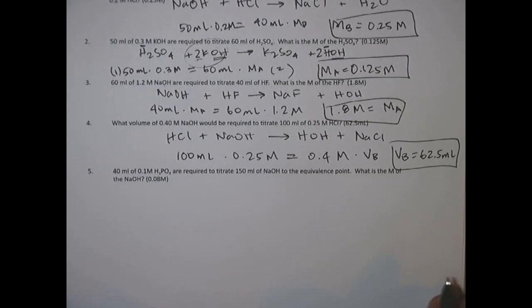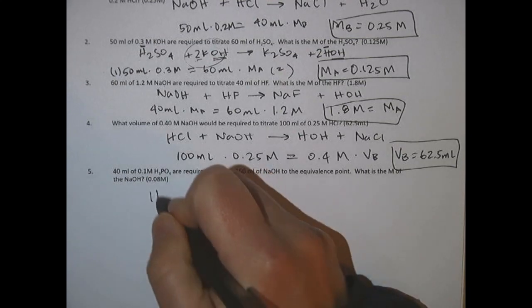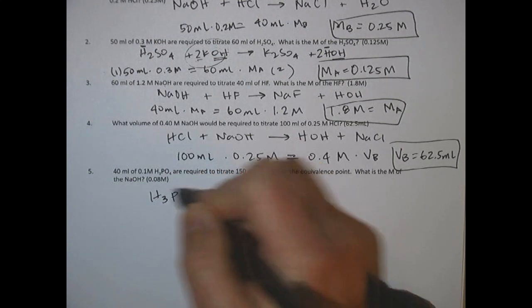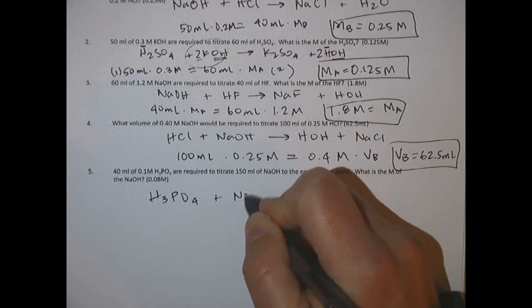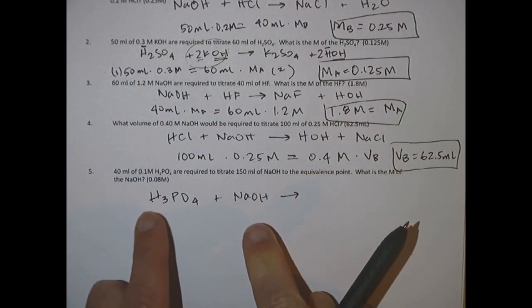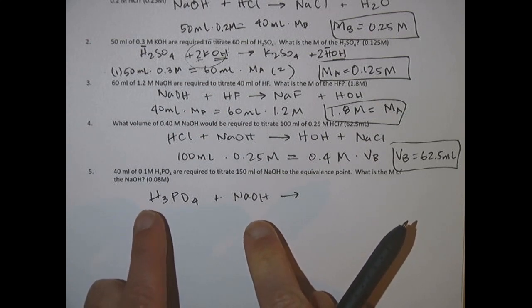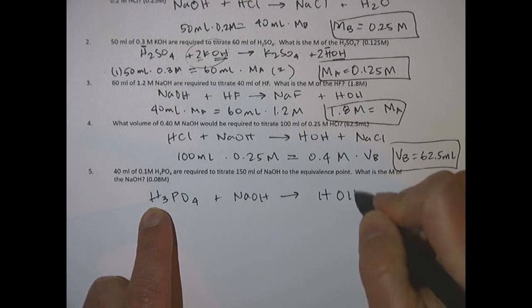Okay, finally, in number 5, we've got 40 milliliters of 0.1 molar H3PO4. That's going to be a change because there's a 3 there. To titrate 150 milliliters of NaOH. When you crisscross these now it's going to be a little bit different. So I've got H and OH. It's always going to make water.